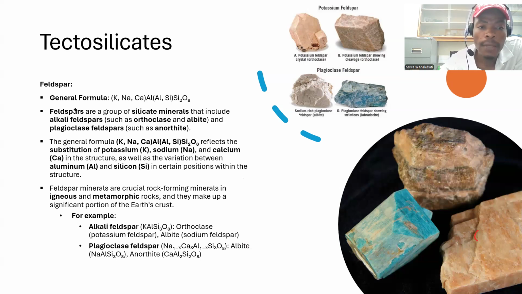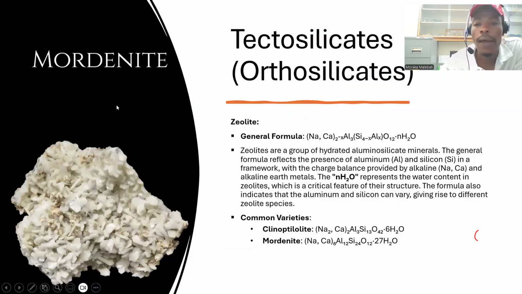Then basically that is that about the tectosilicates. And then the last one is what we call a zeolite, which has water in its chemical structure. For example, we have what you call the mordenite here. So it's the zeolite having sodium and calcium.